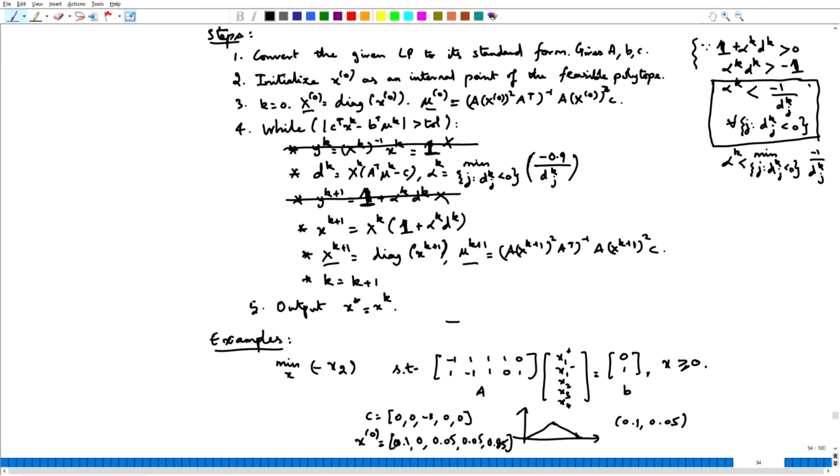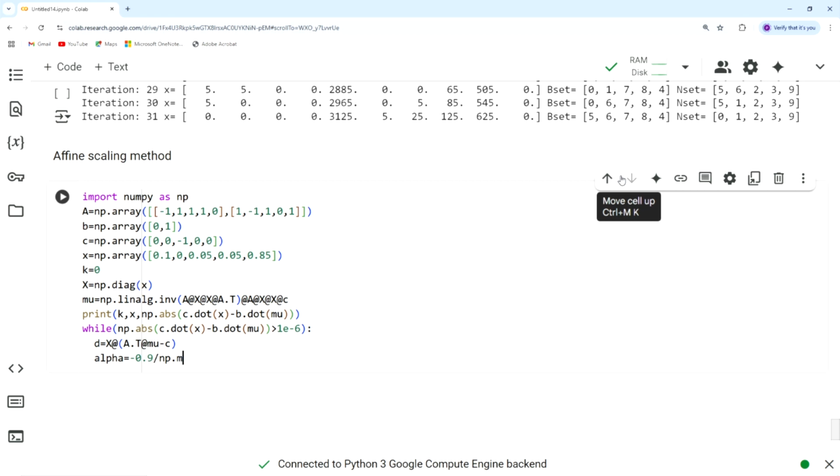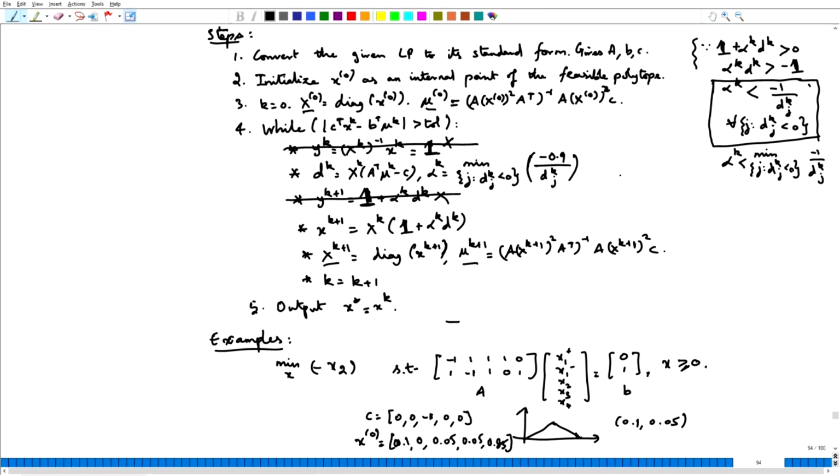So, here there is a catch. We have to first find the j's for which djk is less than 0 and find that djk where minus 0.9 by djk is minimized, right. So, I claim that it is sufficient to write this. I claim that both of them have the same purpose, and I can explain it with an example.